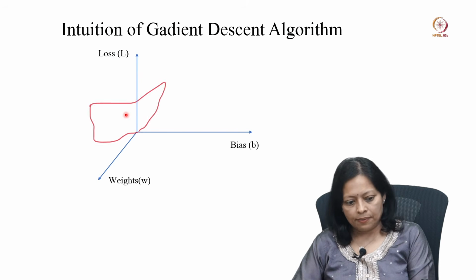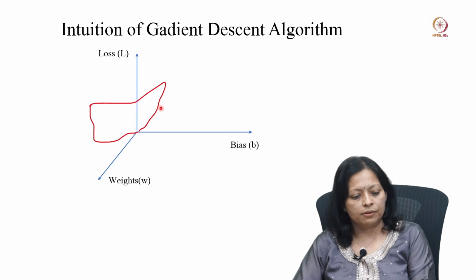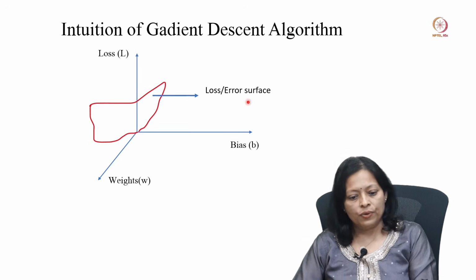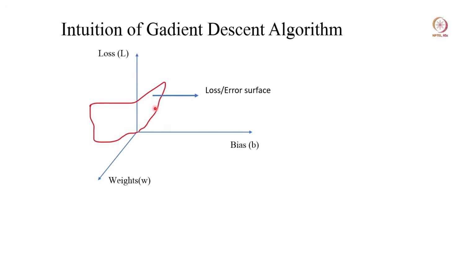And suppose I have this free flying surface which is a loss or error surface. Now, my aim of using this gradient descent algorithm is to minimize the loss function. That means I need to change the weights and biases in such a way so that the loss function goes to its minimum value.